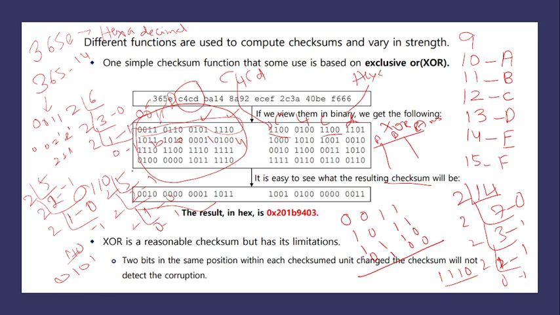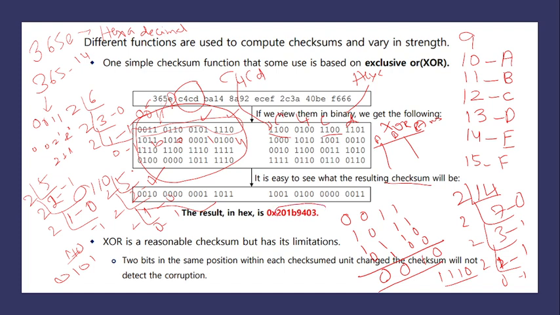So here 1 1 it's 0, 1 1 it's 0, 1 1 0, and again 0 1 1, 1 1 it's 0. So the output is 0 0 1 0. So we got 0 0 1 0 in the checksum. So this checksum is working based on the XOR component.